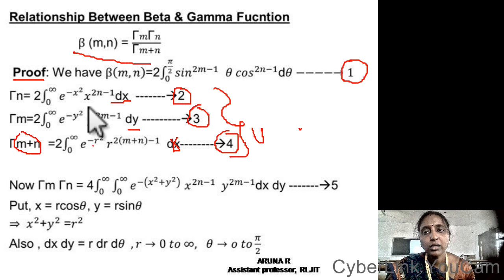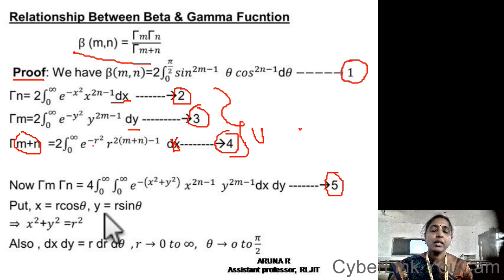If you add the powers and take minus as common, we are left with e power minus (x square plus y square), and this is x to the power 2n minus 1, and this is y to the power 2m minus 1 dx dy. You call this equation 5.